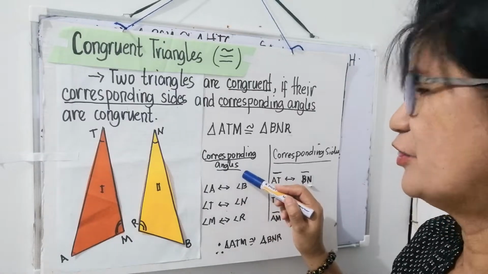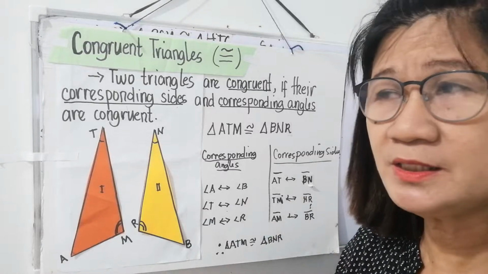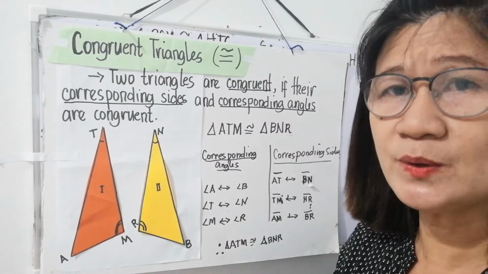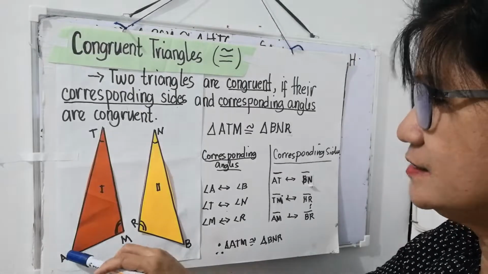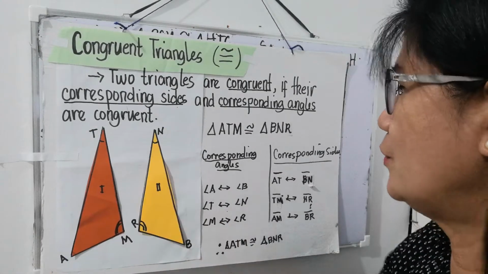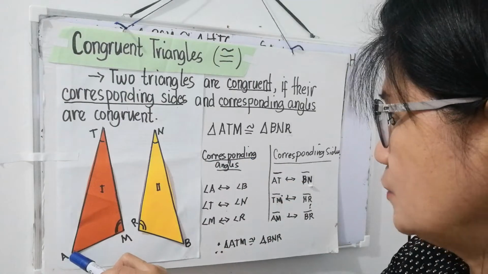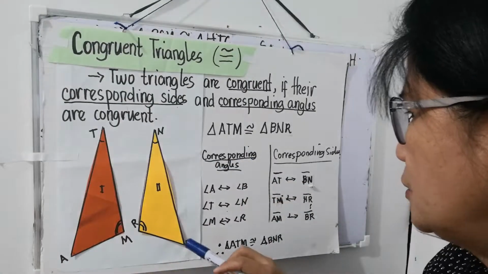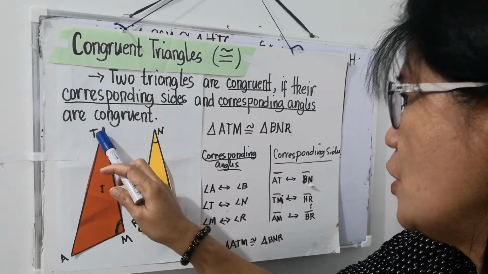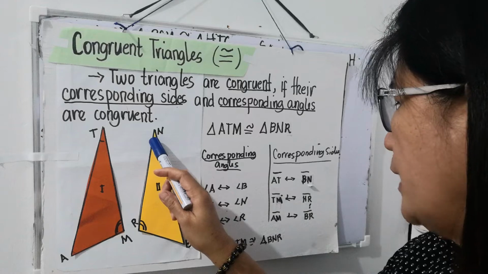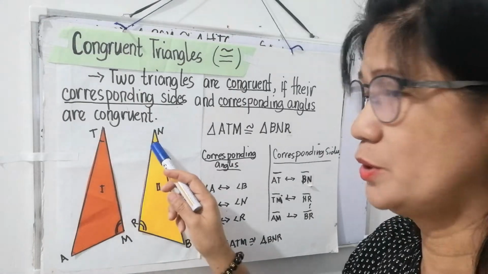First, their corresponding angles, no? Pag sinabi natin corresponding, meaning they are also congruent. The same measure din sila. So, corresponding angles tayo. Angle A, this one, corresponds to angle B. Then, angle T corresponds to angle N. So, mapapansin ninyo na pareho yung kanilang measure, no?